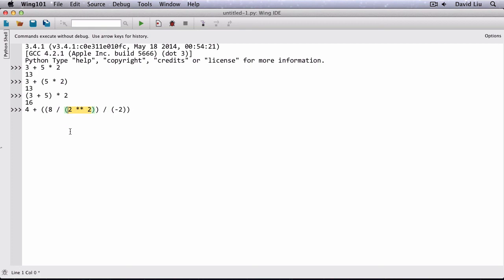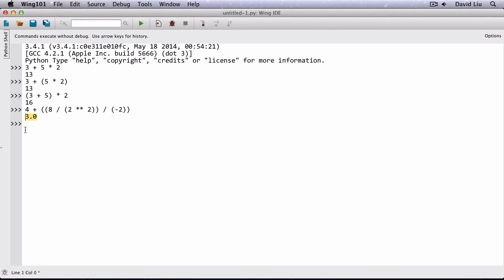That gives us 4. Next, we evaluate 8 divided by 4, which gives us 2. Next, we evaluate 2 divided by negative 2, which gives us negative 1. And finally, we evaluate 4 plus negative 1, which gives us 3.